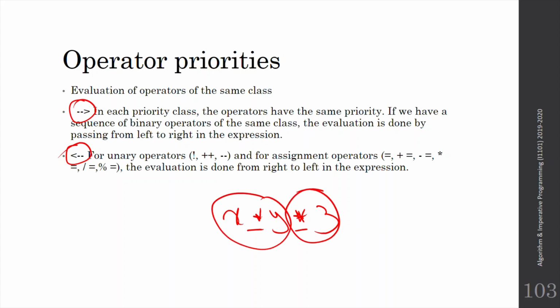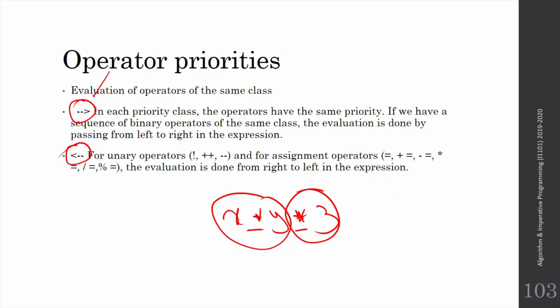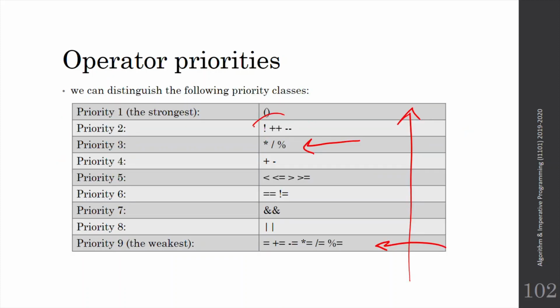It is said that if you have operators in the same class, we evaluate from left to right. So we use this arrow if you have operators in the same class. However, for unary operators and for assignment operators, we evaluate from right to left. So in this category and in this category, we evaluate from right to left. However, in all the other categories, we evaluate from left to right.